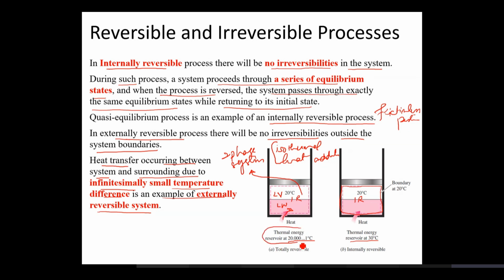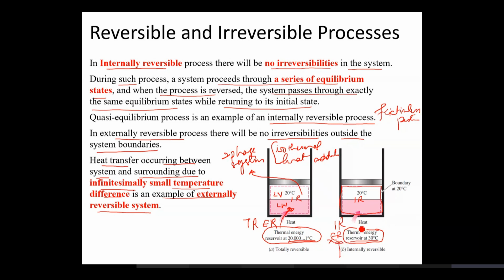But when I look at the surroundings, the temperature difference between the system and the surroundings through which this heat is coming into the system is infinitely small. I can categorize this as a totally reversible process. That means it is internally reversible and externally reversible also. But when I consider the heat transfer through a reservoir which is at a finite difference from the system, this is essentially an internally reversible process but not an externally reversible process.